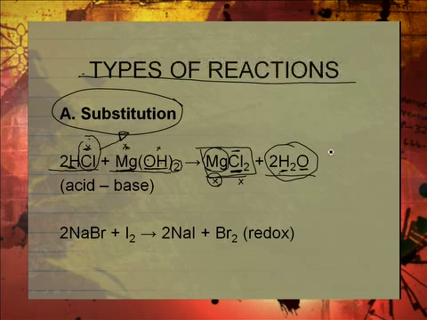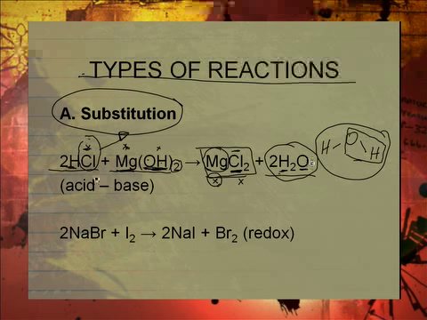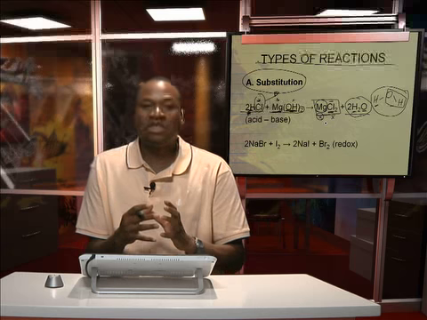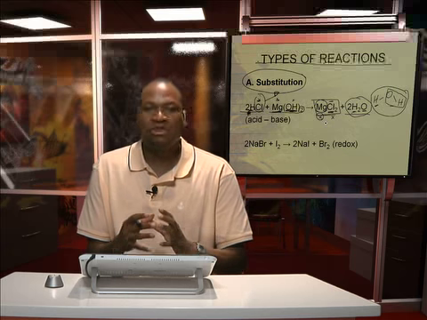In other words, if I were to write a water molecule showing the bonds that are there, you would see that the OH I'm talking about is that part there. So this OH here, that hydrogen there, this hydrogen here is what is here now. So there has been substitution. This is a substitution reaction.